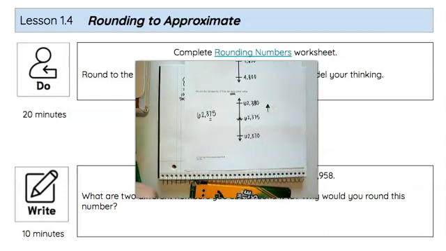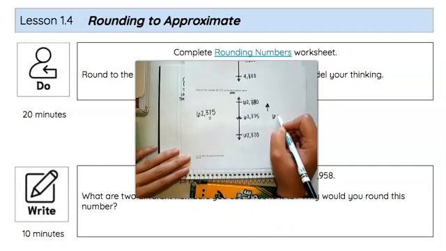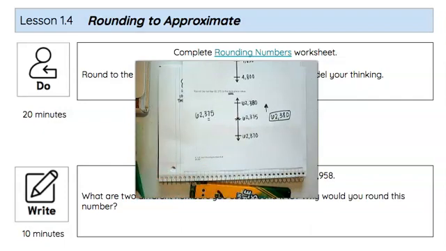There's no real logic behind this. This is just a rule that we follow in math. You probably learned this last year in 3rd grade as well. So in this case, we would round it to 62,380 if we're rounding to the nearest tens place value.